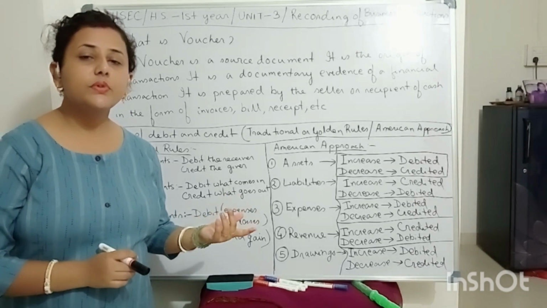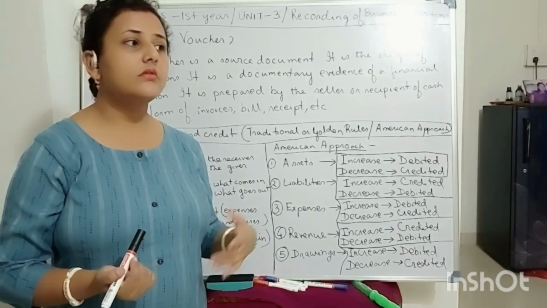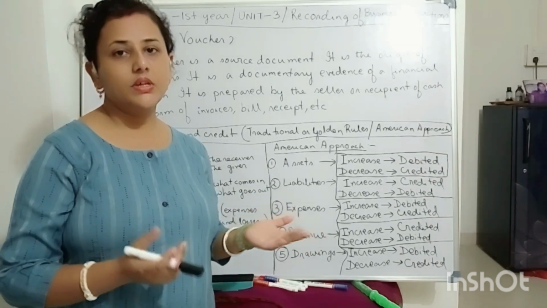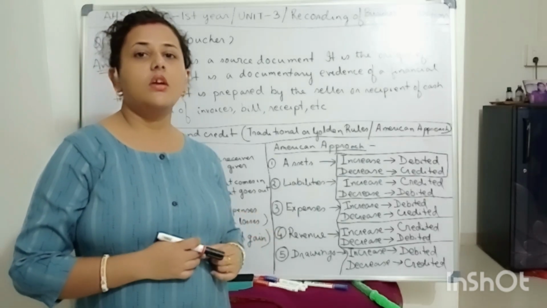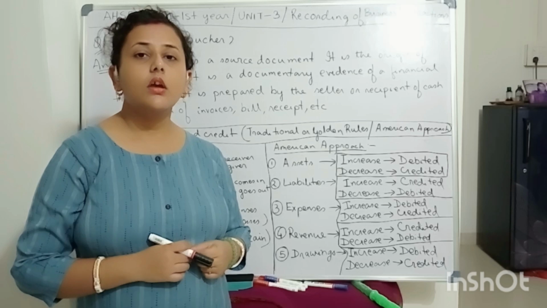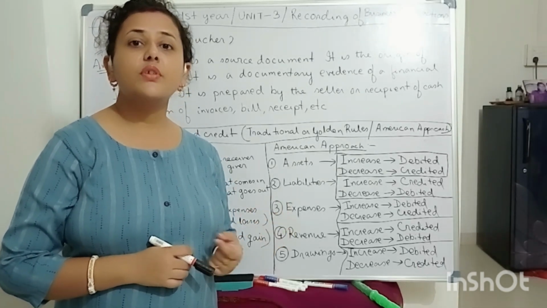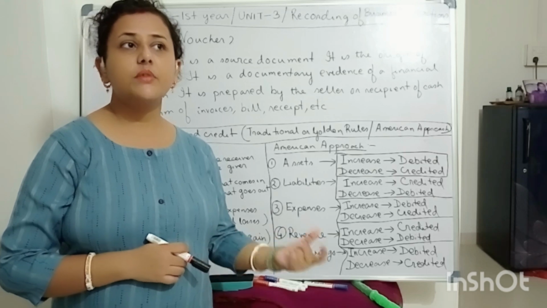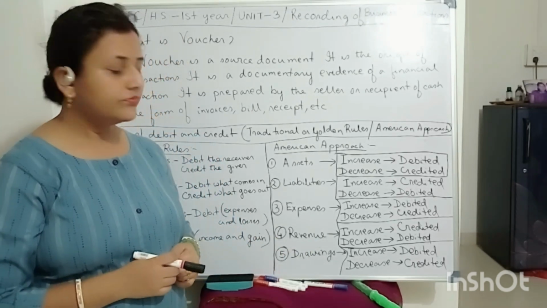That can be a real person, like we, you, I, human beings, Sita, Gita, names of persons. Artificial person means the companies. And the third is representative person. That can be prepaid rent, outstanding expenses, etc.